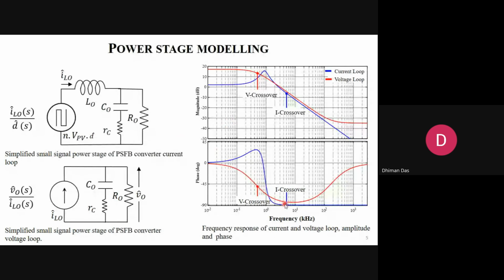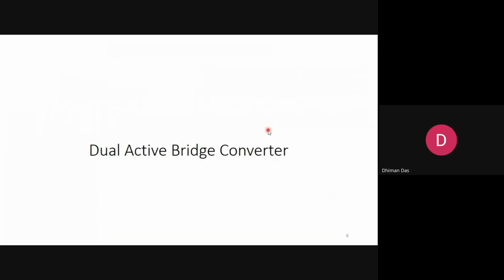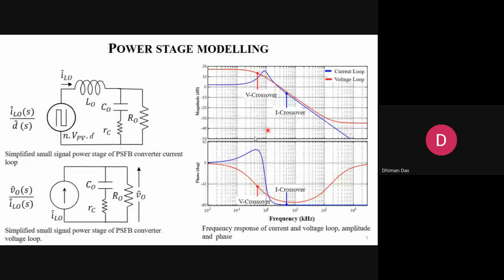From there you can get the crossover frequency of the voltage loop and the crossover frequency of the current loop, and from there you can design the controller, any kind of controller, type 1, type 2, type 3, how much gain bandwidth is required, how much phase margin is required, you can calculate. If you want any detail about this, you can refer to my paper in IEEE Transactions on Industrial Electronics and Systems Integration.